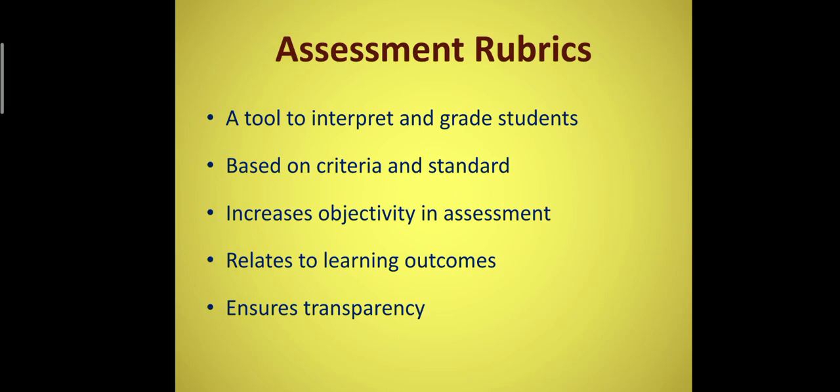For example, you have gone through the Indian philosophical system course in the program of MA in philosophy. After going through that course, the learner is expected to be able to explain the Indian philosophical system, to analyze it, and to compare the Indian philosophical systems. This kind of outcomes will be there.